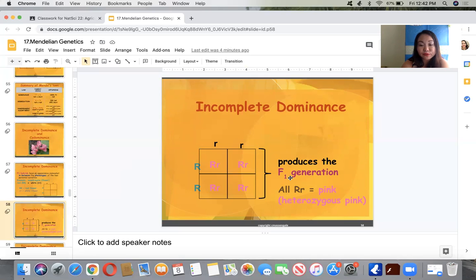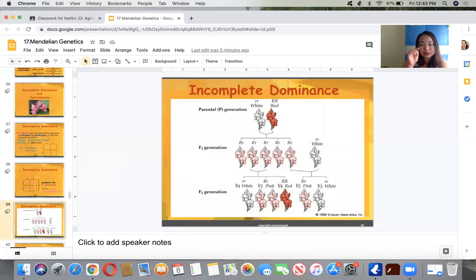So this will produce the first filial generation, and all of these become pink, heterozygous pink. This just explains that supposedly you will have all red flowers, but because these are combined already, incomplete dominance may occur as pink heterozygous. This can also occur as shown on the figure, the incomplete dominance with the parental generation white recessive and dominant red.